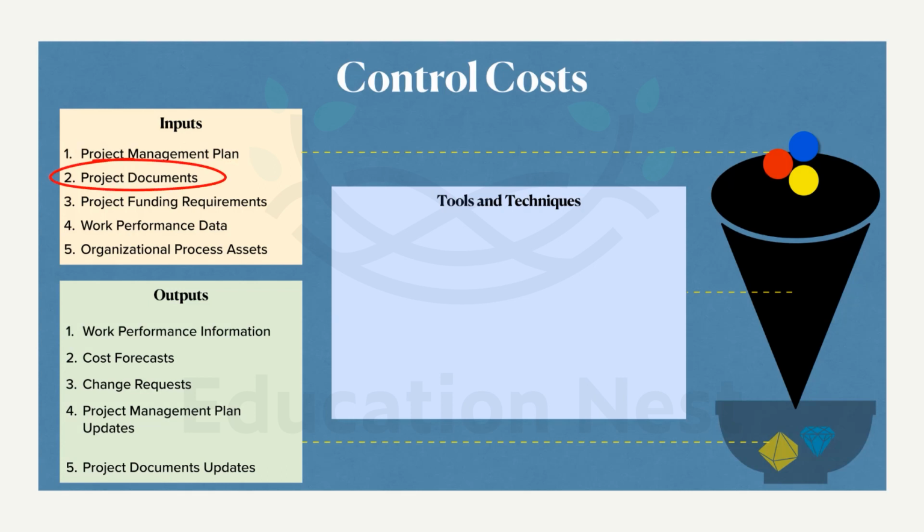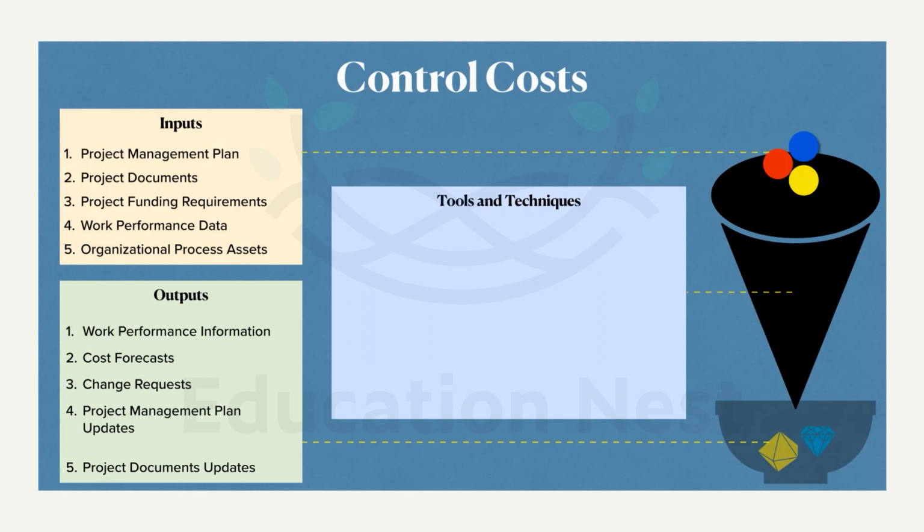And project documents, we can make use of all the documents that we mentioned as outputs here, just the non-updated versions, like the lessons learned register, risk register, etc. Project funding requirements, I think we covered this in the previous process. Work performance data is also understood, like which resource is working and spending how much. All this work performance data acts as an input, and finally the organizational process assets, also an important thing.